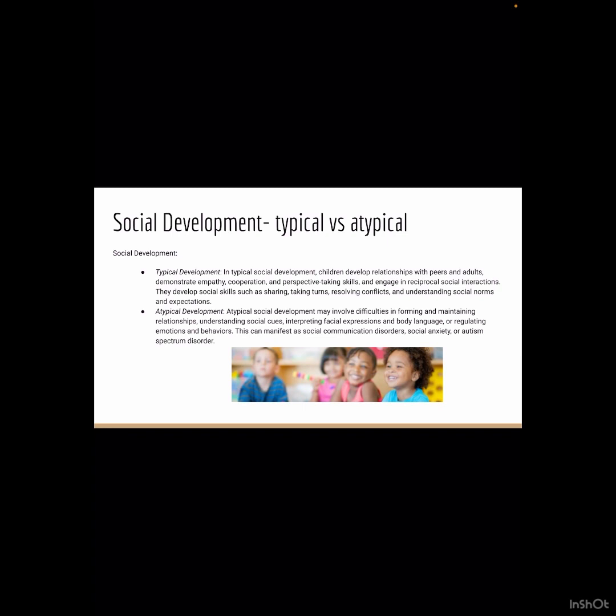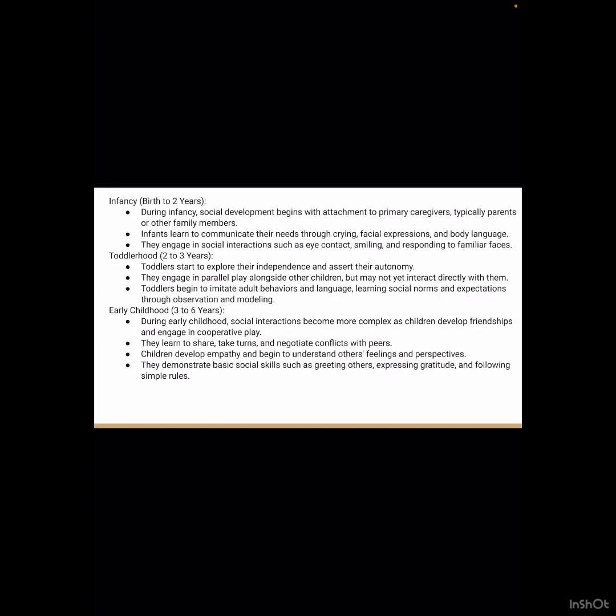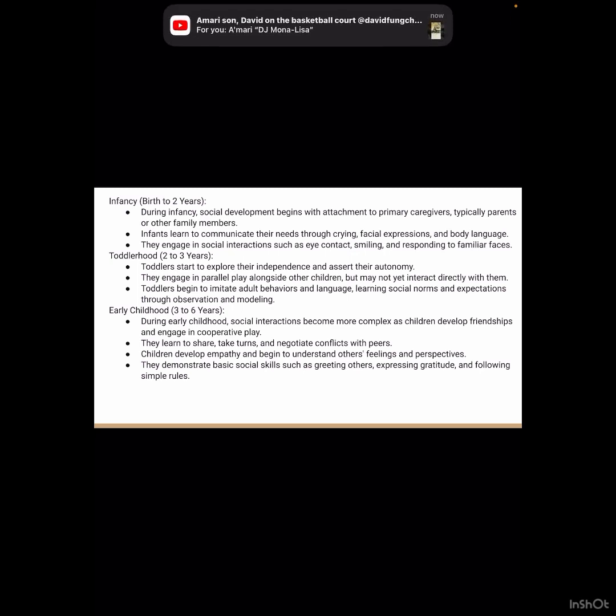So let's get into what typical social development looks like. From birth to 2 years old, during infancy, social development begins with attachment to primary caregivers, typically parents or caregivers.